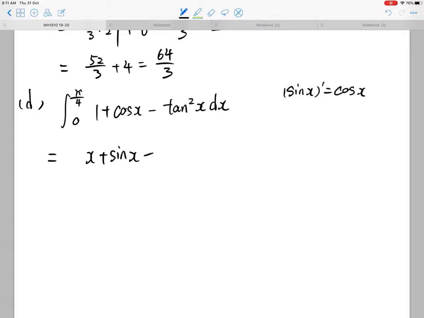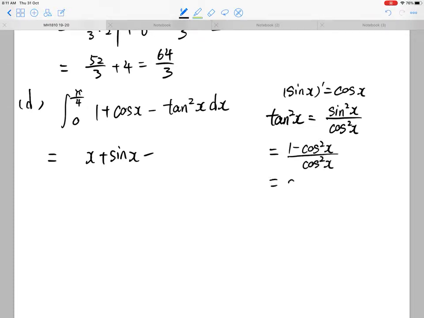And then, what about tangent x squared? It looks like there's no obvious function whose derivative is tangent x squared, but we can change it. Tangent x squared is sine x squared over cosine x squared, and sine x squared is just 1 minus cosine x squared. So this part is secant x squared, the second part is minus 1.